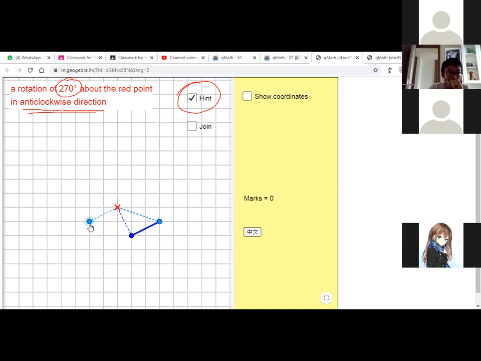But where should I stop? Actually, you can imagine that this is the same as clockwise how many degrees? Let me ask Wilson, can you answer me? How many degrees is it if I go in a clockwise direction?